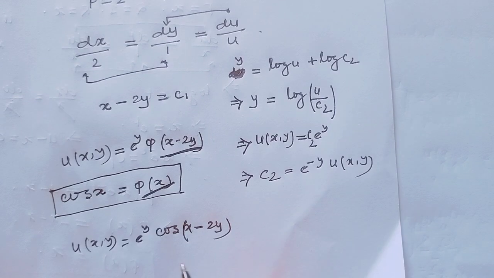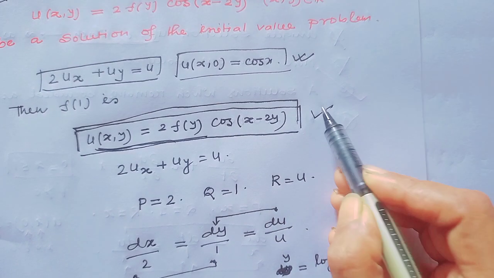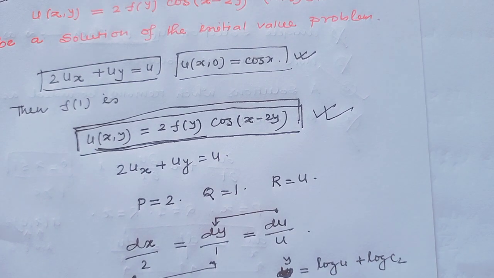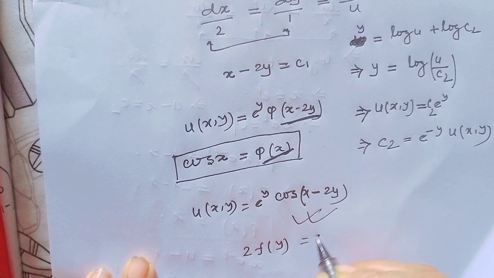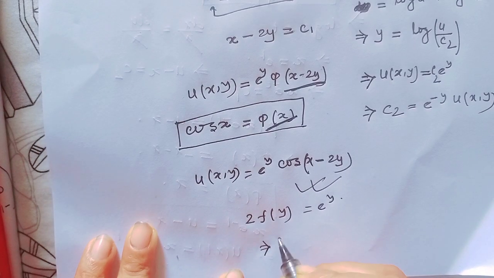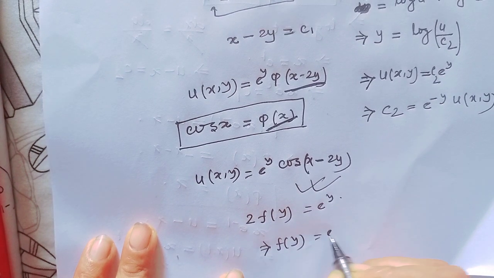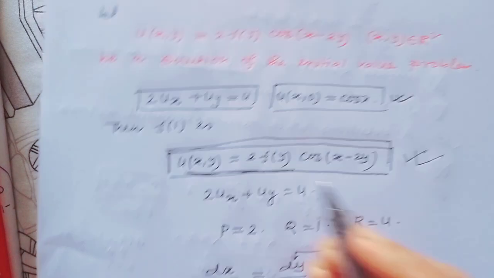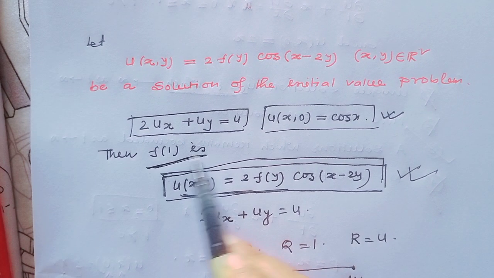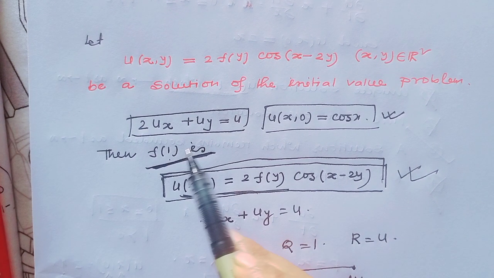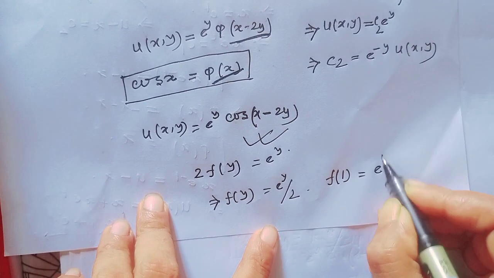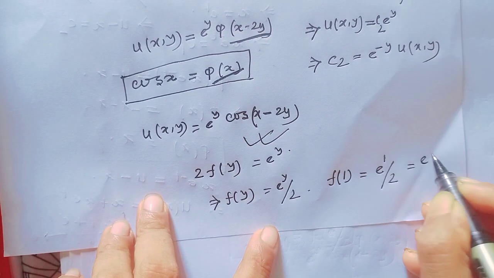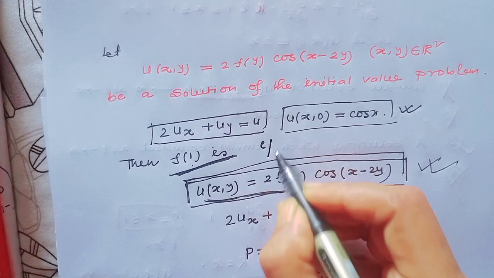If you compare this equation with this equation, that means 2f of y equal to e to the power y, so f of y equals e to the power y over 2. Here we have to find f of 1, and f of 1 equal to e to the power 1 over 2, that means this value is e over 2. That means the value of f of 1 is e over 2.